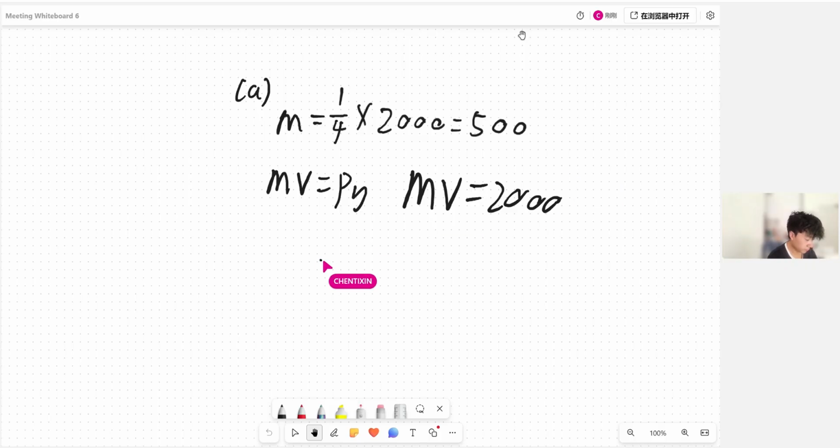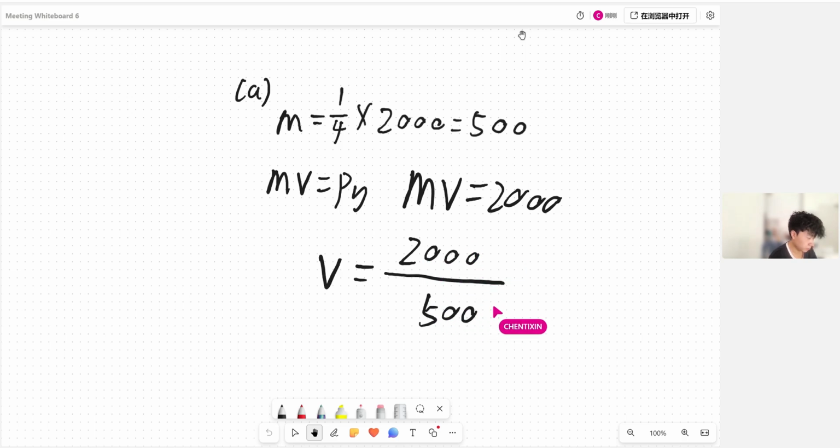So V equals 2000 divided by 500, which is equal to 4. So we can get the answer to question 1a: the velocity of money is 4.